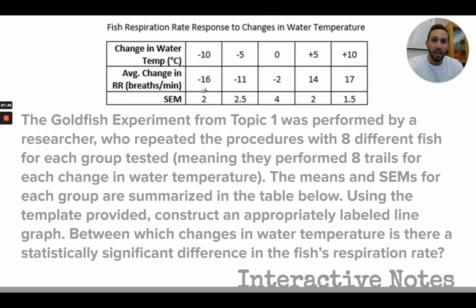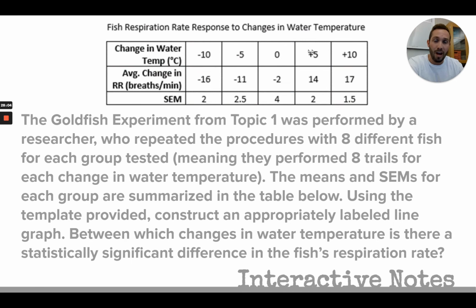So now we're looking at averages. They did 8 different fish and made the water 10 degrees colder, and for those 8 fish, this was the average change in respiration. They took 8 other fish and made the water 5 degrees colder, and that was the average change in respiration rate. Same thing with 0, this was the average.